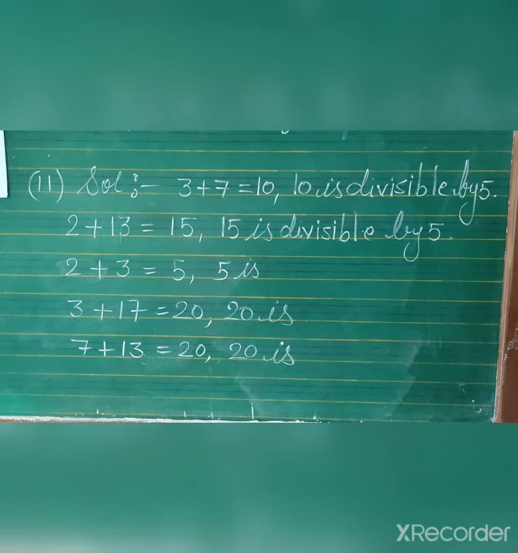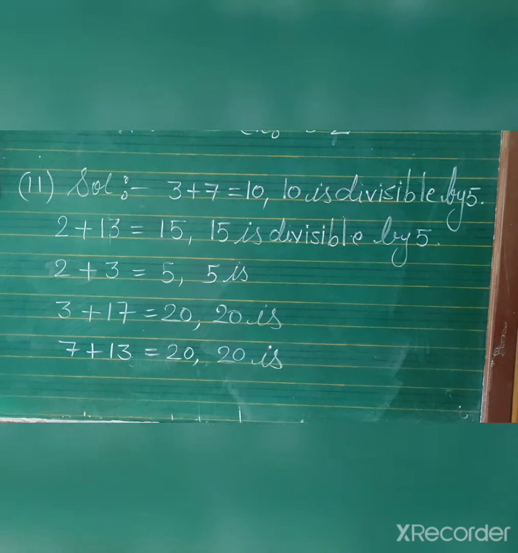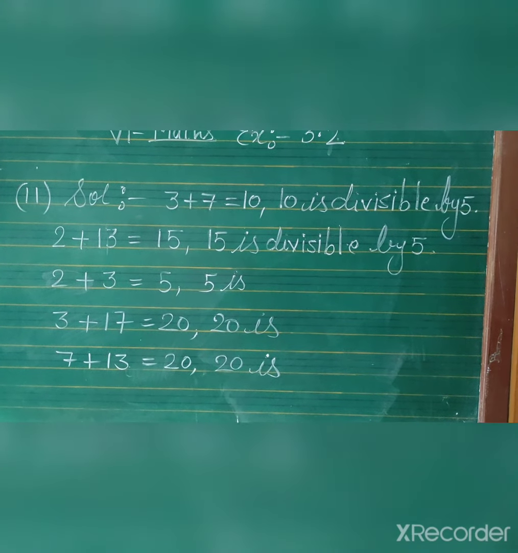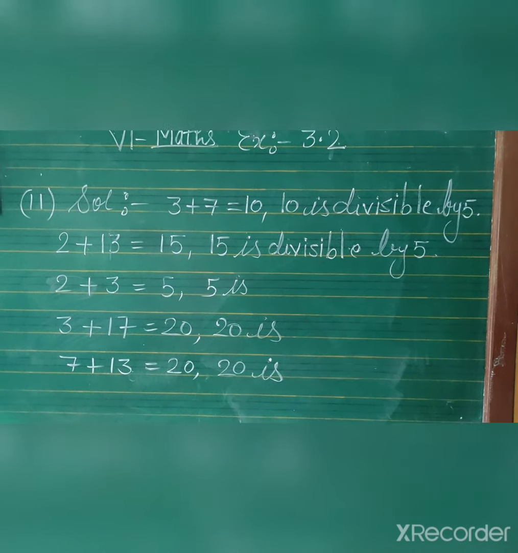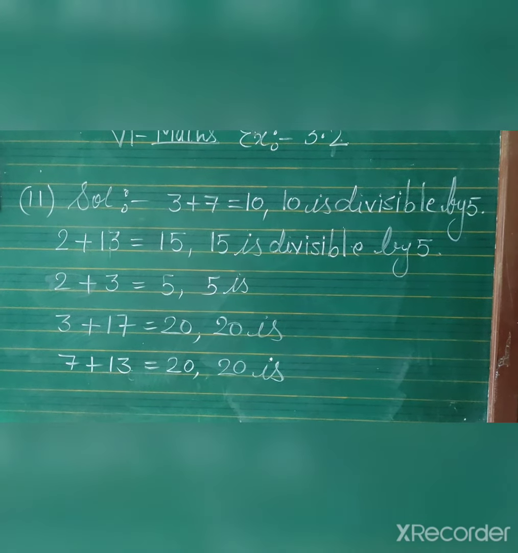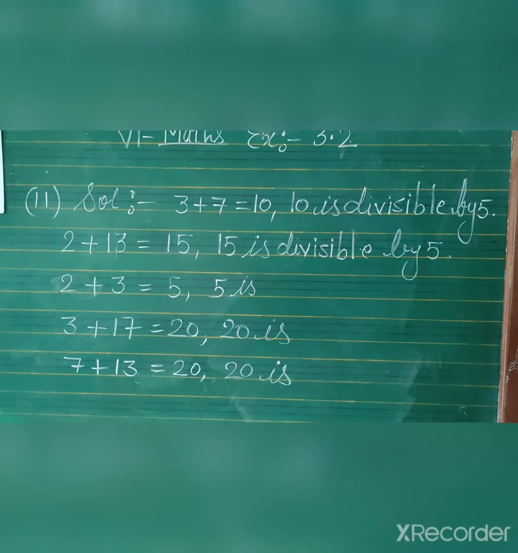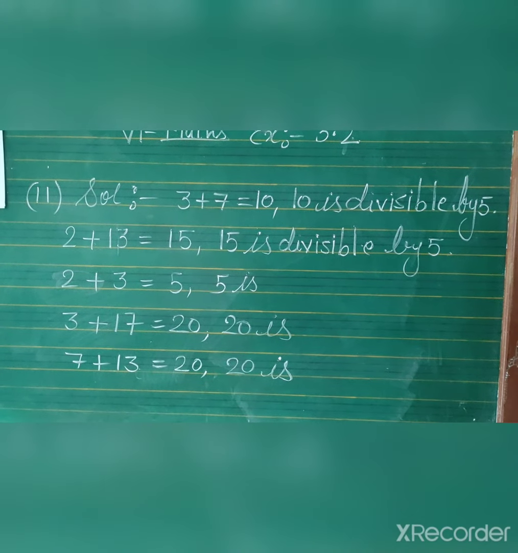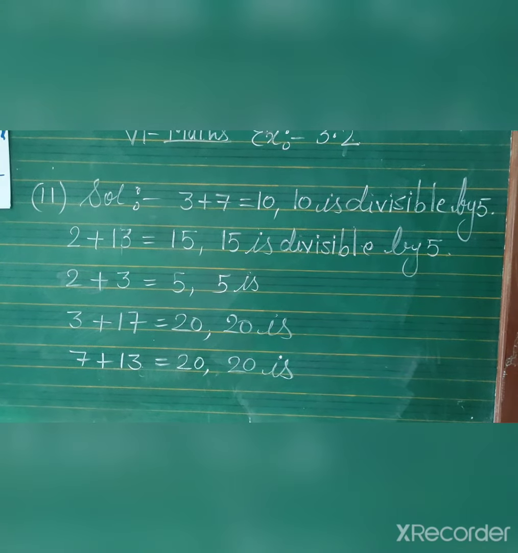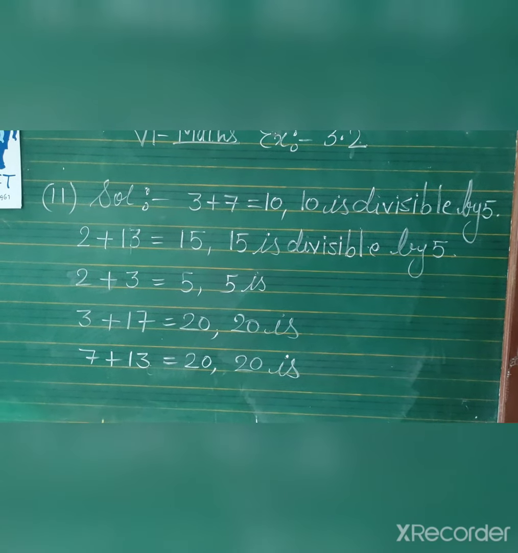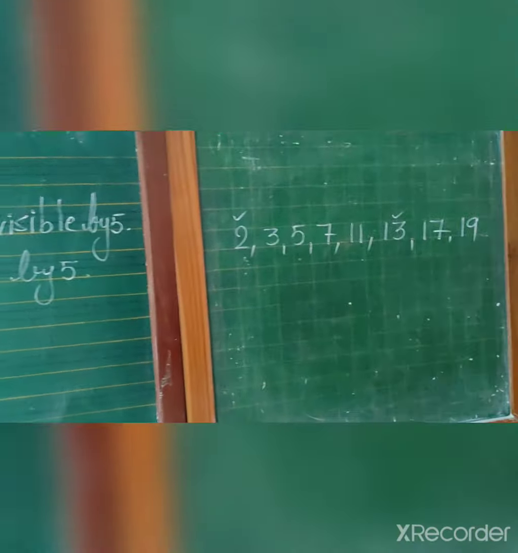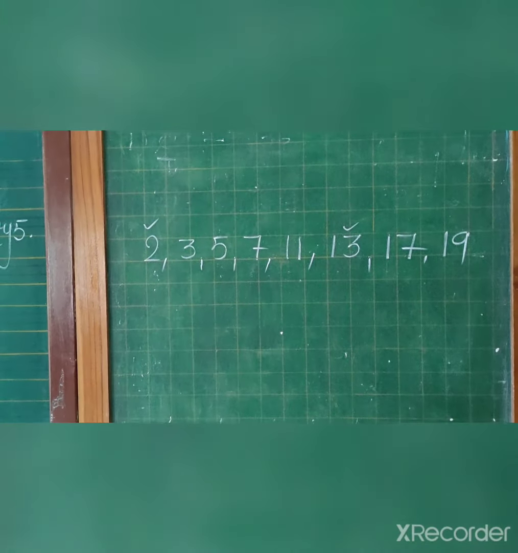We have to find the prime numbers in such a way that the result will be less than 20 and divisible by 5. But there is written less than, you will write less than or equal to. Because if we do not write less than or equal to 20, then we will not get the answer. Clear? So all prime numbers less than 20 I have written here.